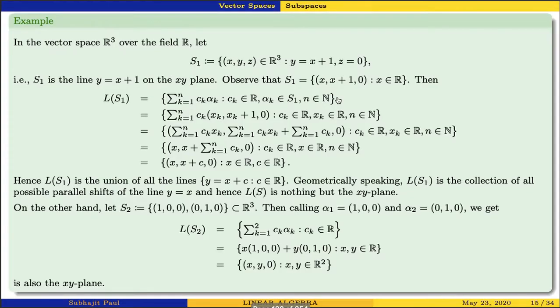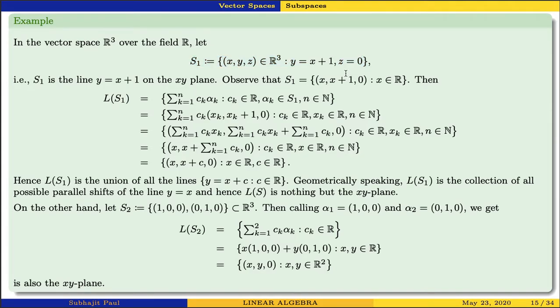Let's see the example. This is the example we talked about in the last lecture. You can just revisit the last lecture video once again, or let us have a quick recap over here. Here we have a set S1. Our underlying vector space is R3 over the field R, and one of the sets we are concerned with is this S1.